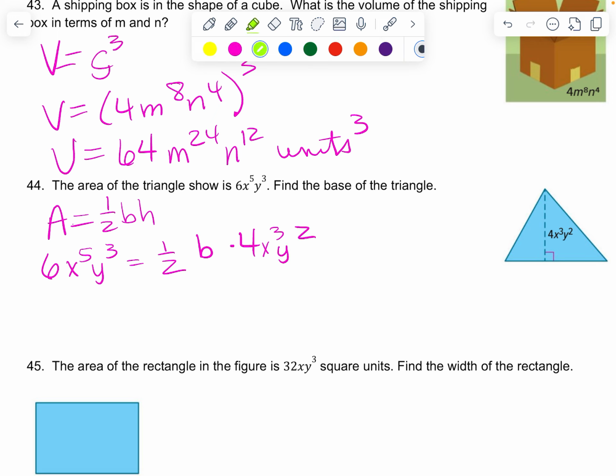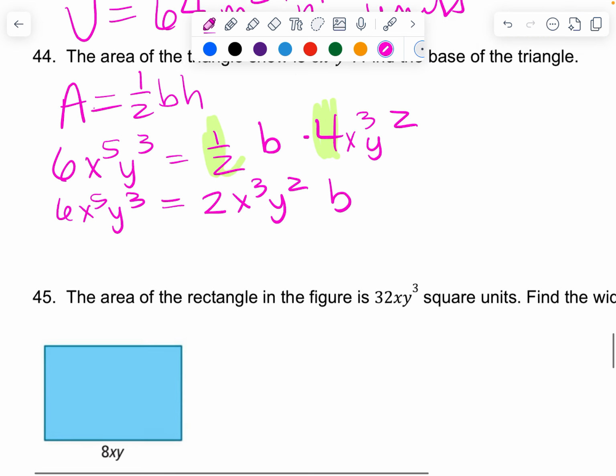Okay, let's deal with our fraction first. Get rid of that. So now I'm going to have 6x to the 5th y to the 3rd equals 2x to the 3rd y squared b. Now I want b by itself.